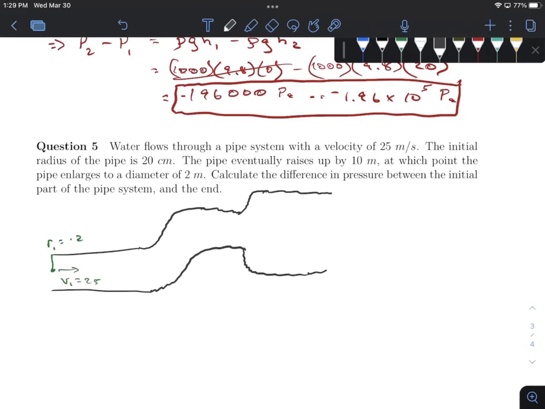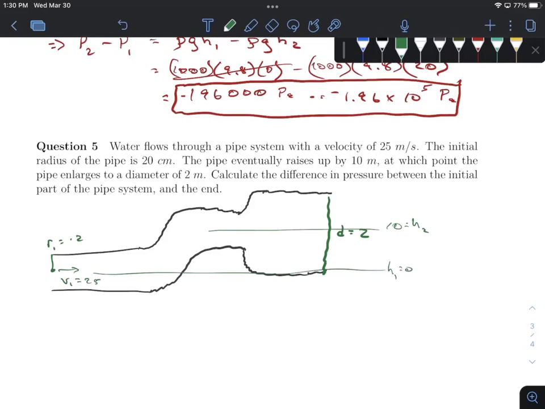At which point it ends, and I know that here, the diameter, the full size D, is 2 meters. And then, of course, this is 10 meters above the bottom. So there's my pipe system. Water's flowing in, goes up to the second story. The pipe then enlarges to a new size.